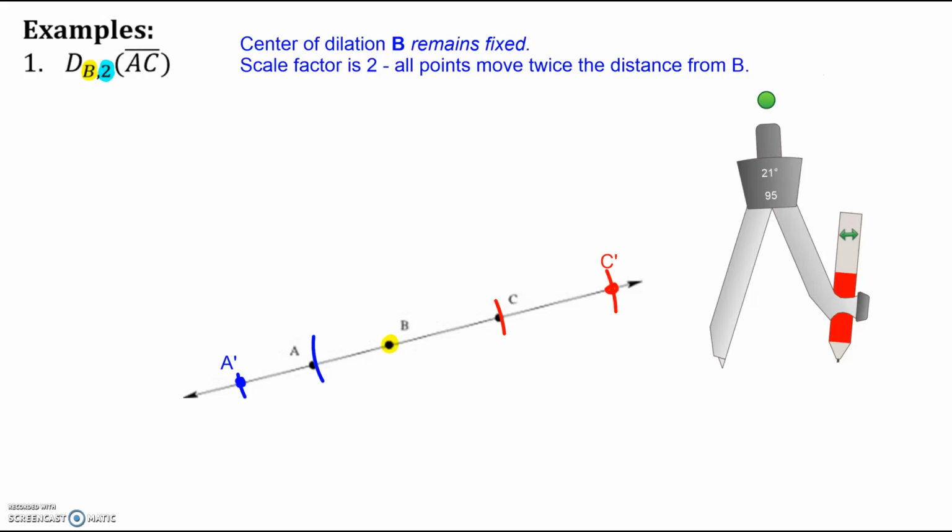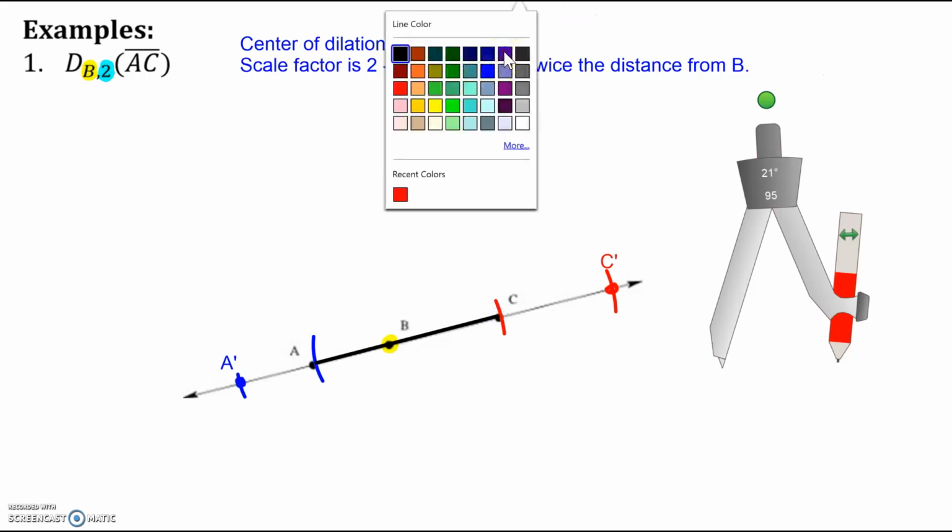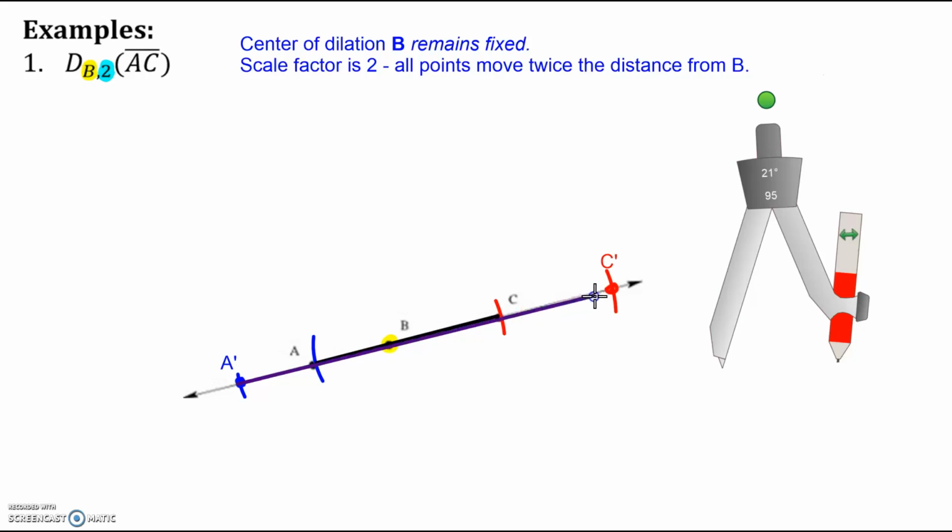So where our original AC went from here to here, our new A prime C prime will go from here to here, and it will be twice as long centered at point B. So notice the image of the line segment was another line segment, and since the center of dilation was on the original line, the AC and its image A prime C prime coincide.